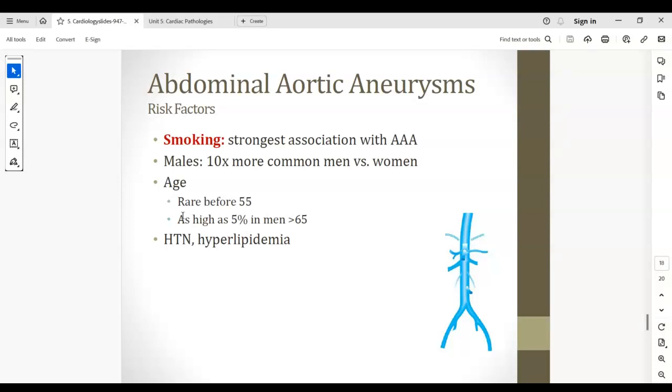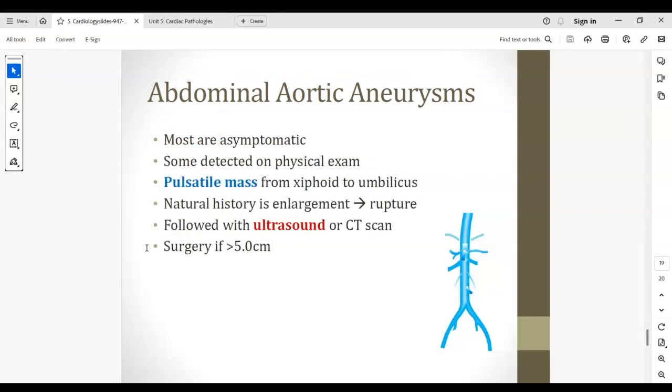As for age, it is rare before the age of 55, but it increases for males above 65 years of age. That's why about 5% of men above this age might have abdominal aortic aneurysm. And that's why they do screening for abdominal aortic aneurysm for people at this age. It is associated with hypertension and hyperlipidemia as well.